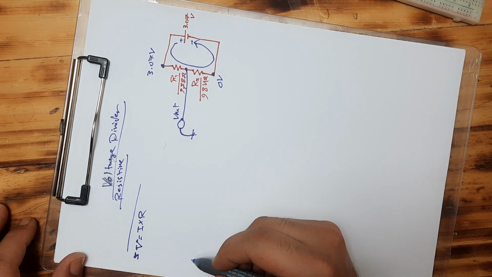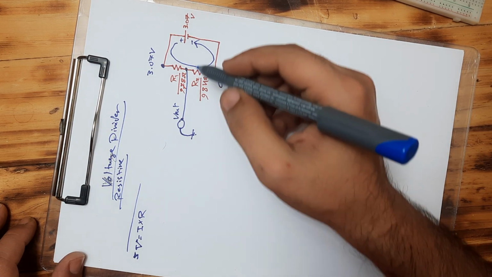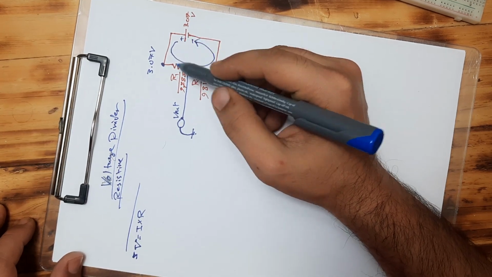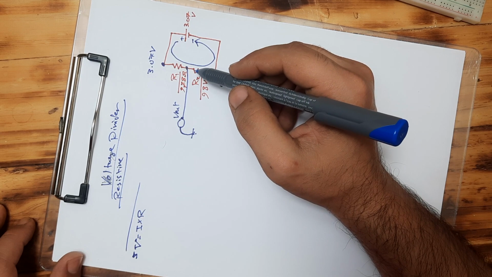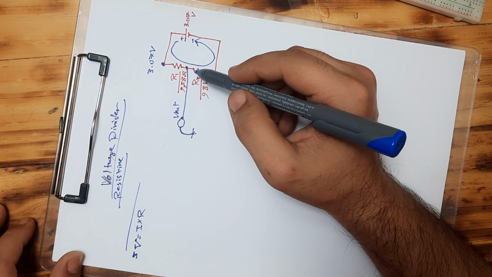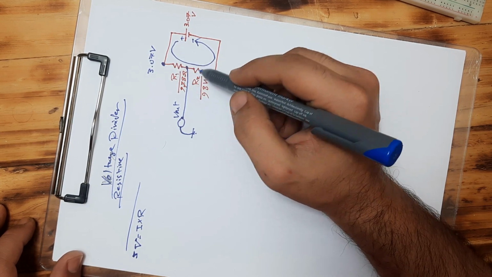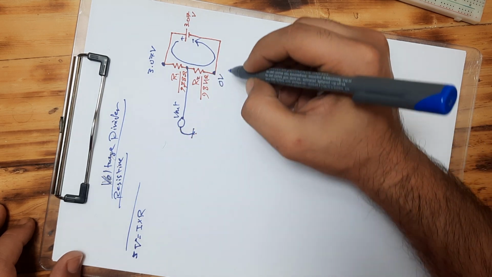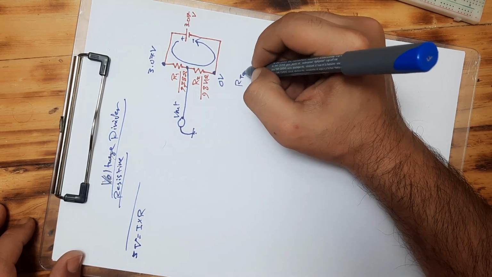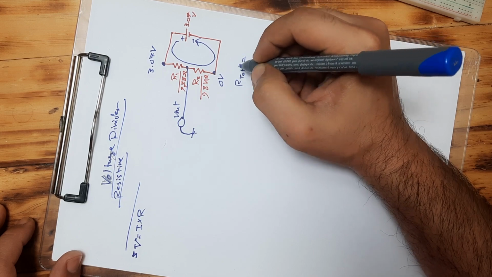So let's first calculate the current for the complete circuit, because we know that for resistors in series, the current passing through the resistors will be the same.